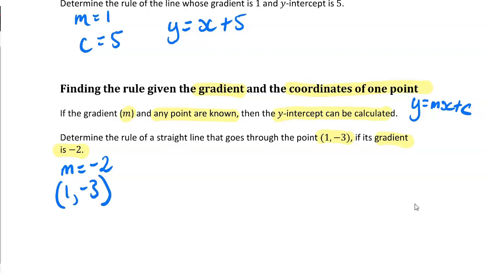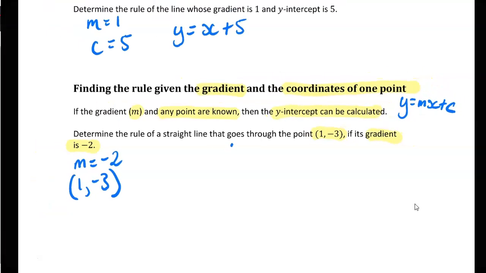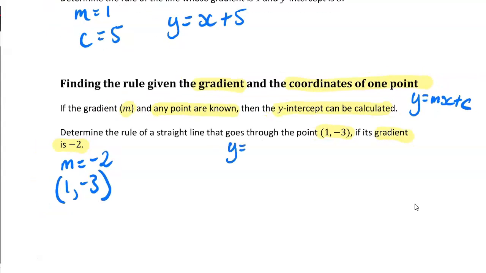So I start with y equals mx plus c, and then I sub my point 1, -3 into y equals mx plus c.